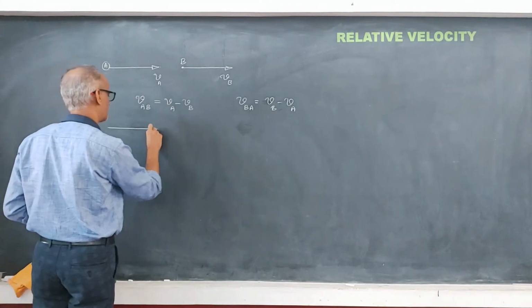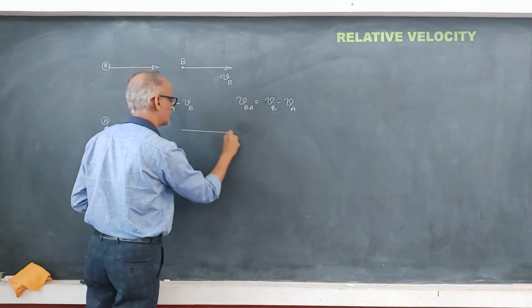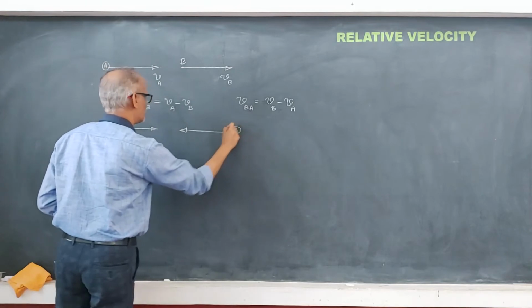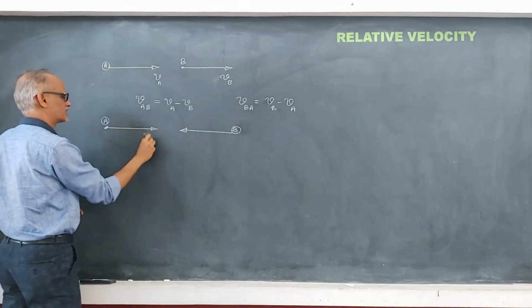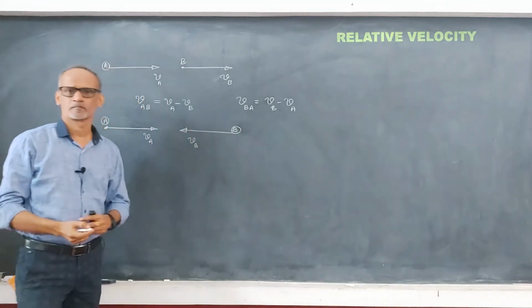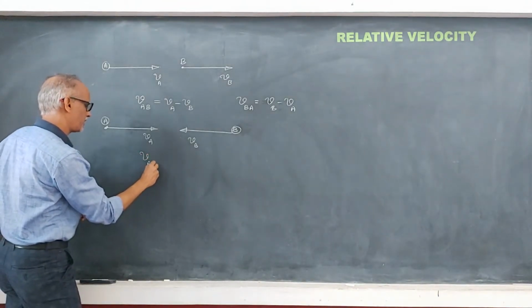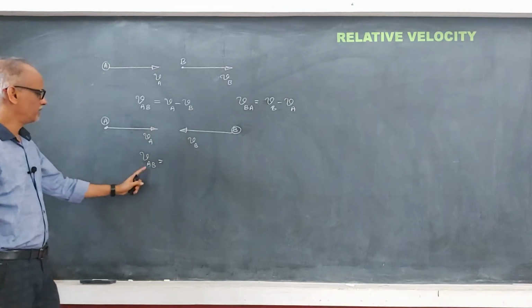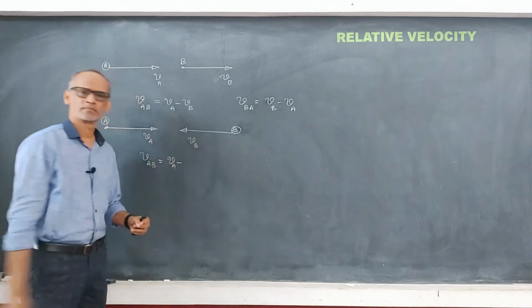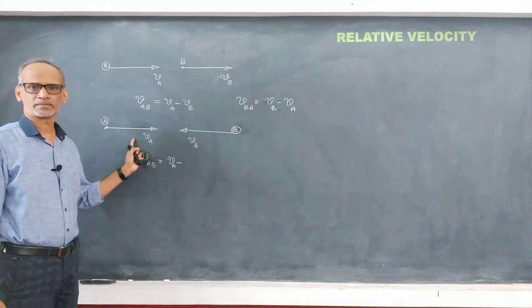What if the two bodies are moving in opposite directions? Here they move in the same direction, and here this is V suffix A and this is V suffix B. So, how do we find VAB in this case? VAB is equal to VA minus, and this vector is opposite to the other vector, right?